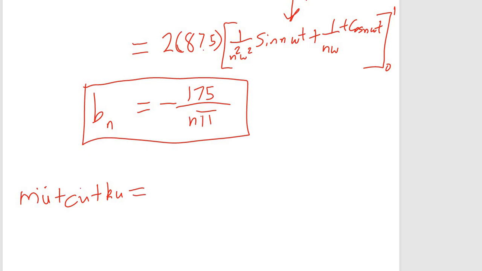It's now going to be equal to, let me just write the general expression, which is a0 over 2 plus the summation of n is equal to 1 to infinity of the following.